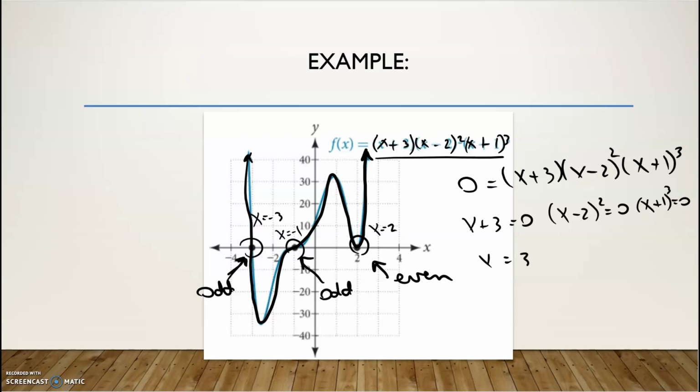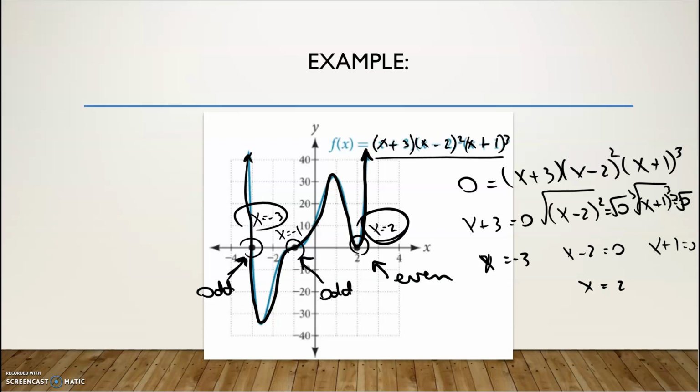So this one would be negative 3. Hey, that's our first one right here. We're going to square root both sides, so x minus 2 equals 0, x equals 2. Hey, there's this intercept. We're going to cube root both sides, so x plus 1 equals 0, x equals negative 1. Hey, there's our last one right there. So within this function we have found all of our x-intercepts.